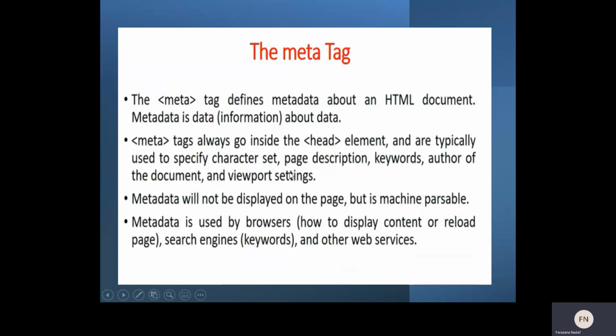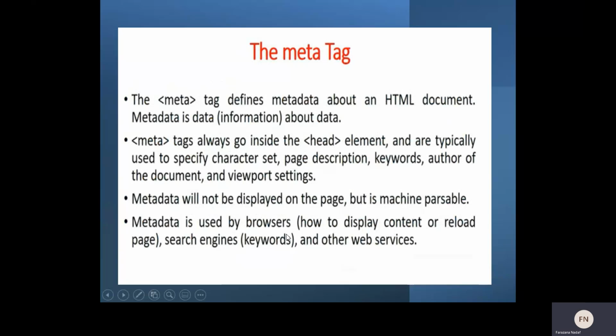So this meta tag has its own attributes, right? The meta tag always goes in the head element and typically is used to specify a character set, page description, keywords, author of the document, and viewport settings. So based on the character set, the values will be set for the meta element.